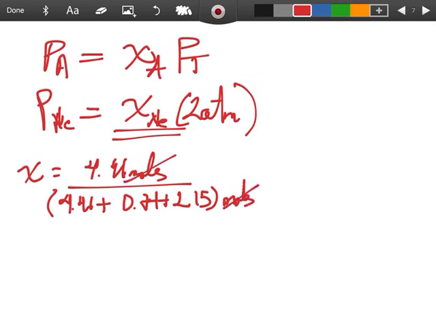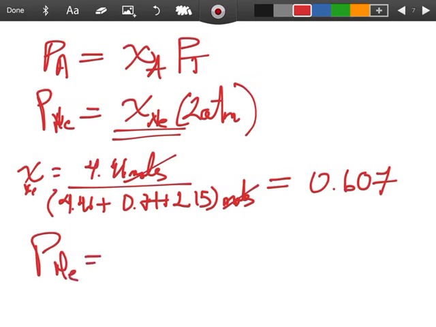So moles with moles will go away, and it's perfect, because it is the mole fraction of neon, and fractions do not have units, they are just numbers. And when you perform the math, you're going to get 0.607.